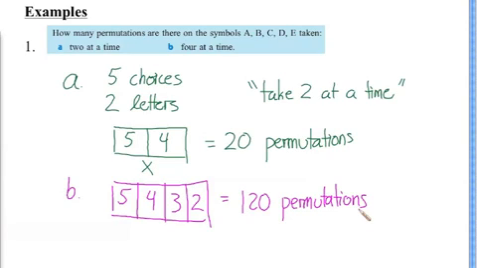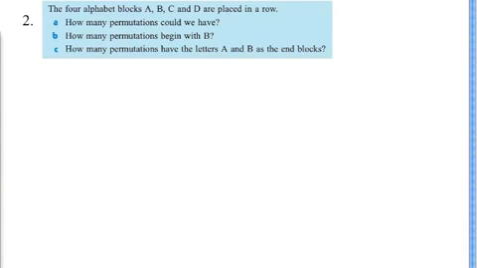Let's look at another example. This time we have 4 symbols. They're alphabet blocks, letters A, B, C, and D. And they're placed in a row. The first question is a lot like the ones that we've already answered. How many permutations could we have total?